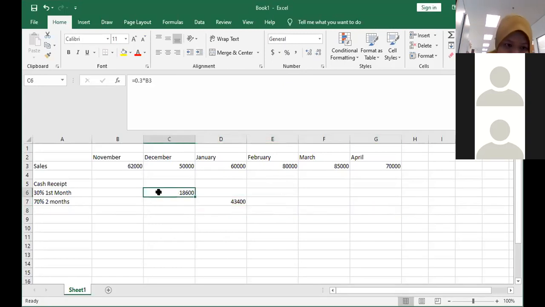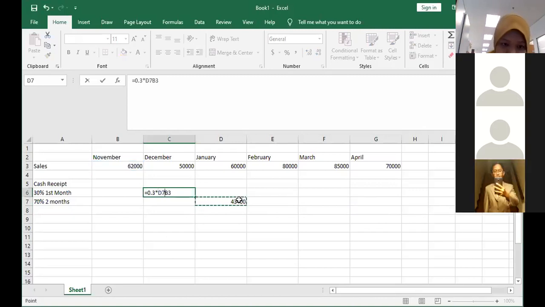So this is 30% times this, and this is the remaining. So it means the sales minus the cash receipt on December. So you will get how much is the cash receipt that you will get in January.